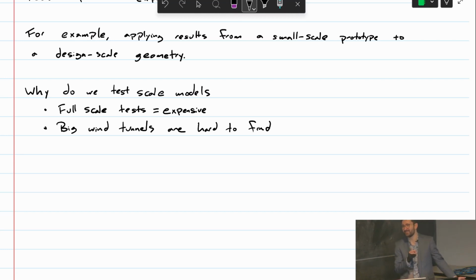Any other ideas? Yep. High-speed wind tunnels are often hard to find. High-speed wind tunnels are even rarer, right? And high-speed conditions on the design scale are really hard to basically mimic. So high speed meaning, say, compressible flows, like you're flying a high Mach number airplane. In order to actually achieve anything that you can generalize from in a wind tunnel, they have very special experimental setups, and they can only run the test for a few seconds.